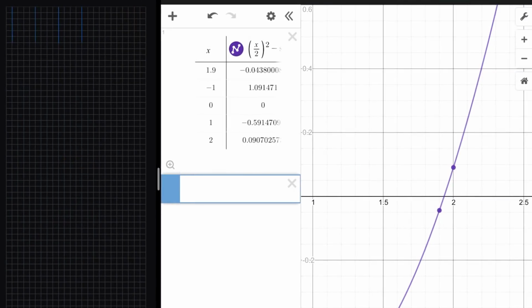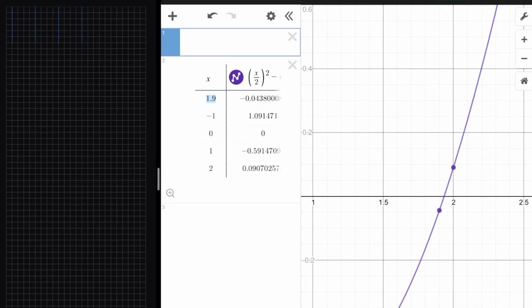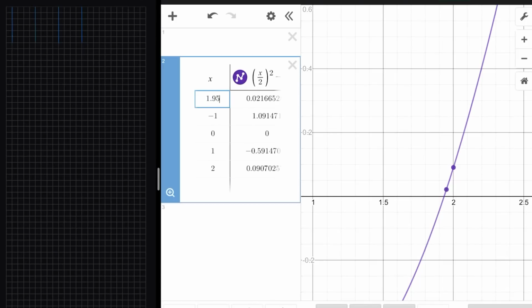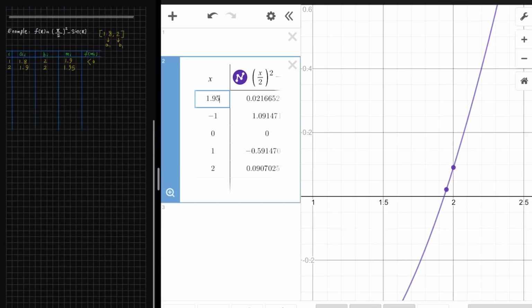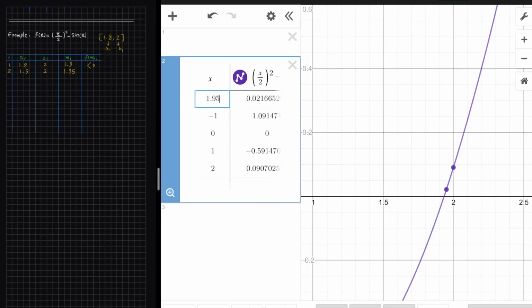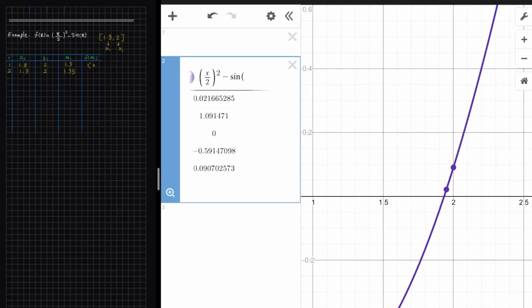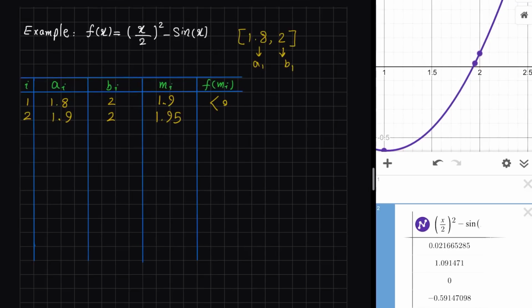And we can see on the graph, or we just put simply 1.95, and it is positive. It's 0.0216. So you can see it's positive, so the sign is positive here.